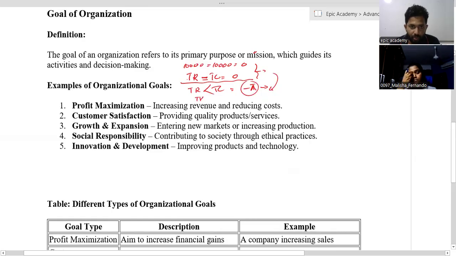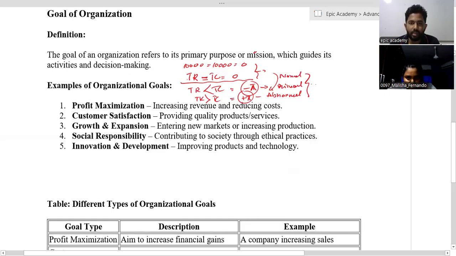If the total revenue takes a greater value than the total cost, this is the time you can increase the profit maximizing. We call it plus pi, that means plus profit. We call it abnormal profit. This is abnormal profit, and this is normal profit.